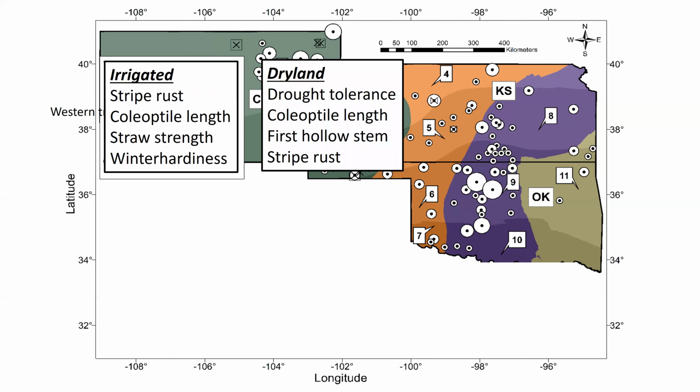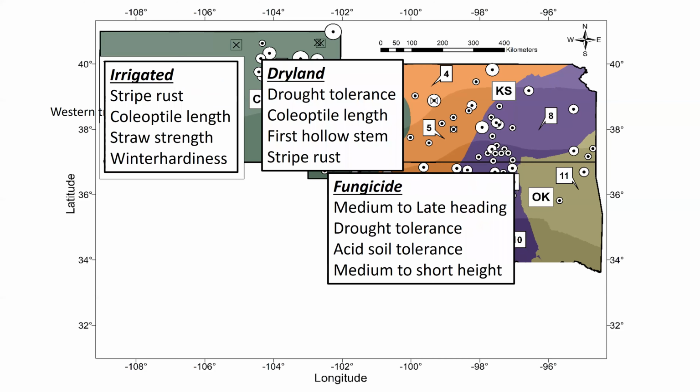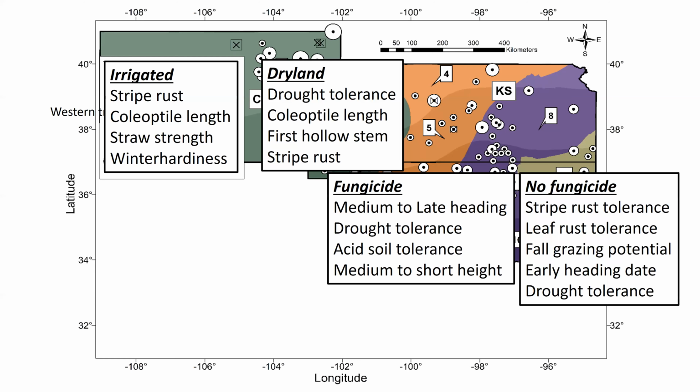If we move to central Kansas now and look at fungicide versus no fungicide, the varieties that were successful in trials that got fungicide were medium to late heading, had good drought tolerance, good acid soil tolerance, and medium to short height. Varieties that were successful in trials that did not get fungicide had good stripe and leaf rust tolerance, good fall grazing potential, early heading date, and good drought tolerance as well.